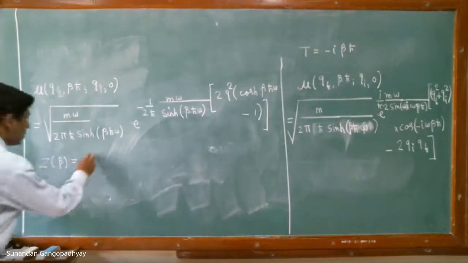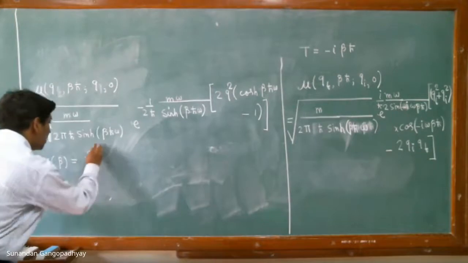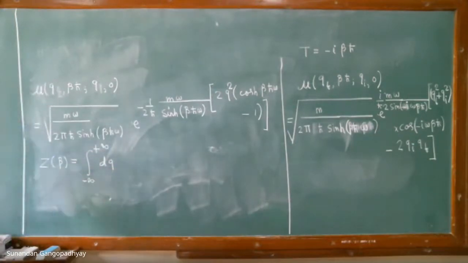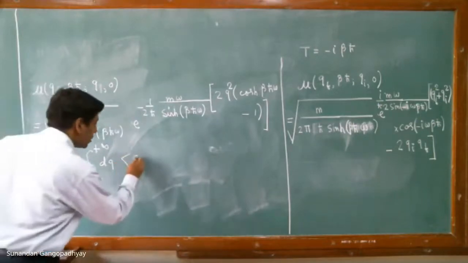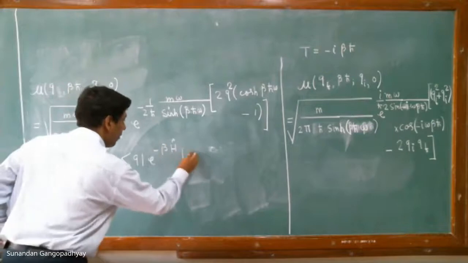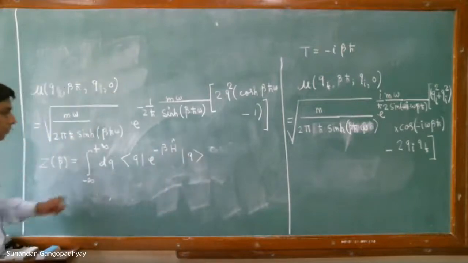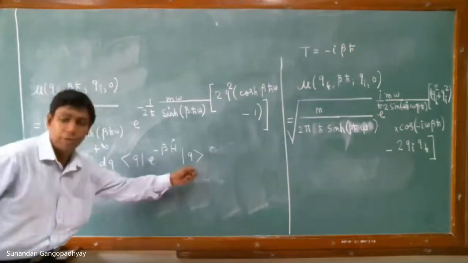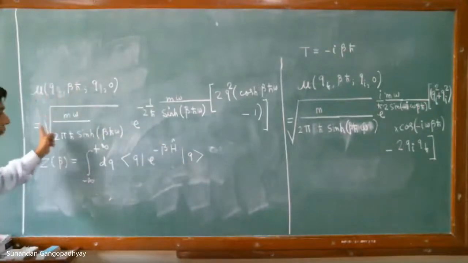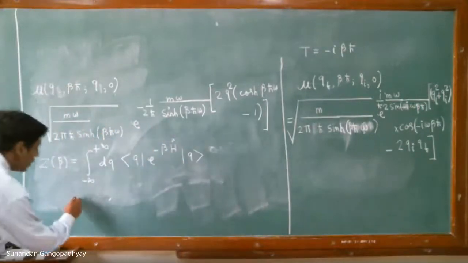So this thing is basically given by minus infinity to plus infinity dq of the matrix element of e to the power of minus beta h hat, and this object we wrote as a propagator, which is nothing but this expression, right? And we have the expression for this. Just substitute it over here.